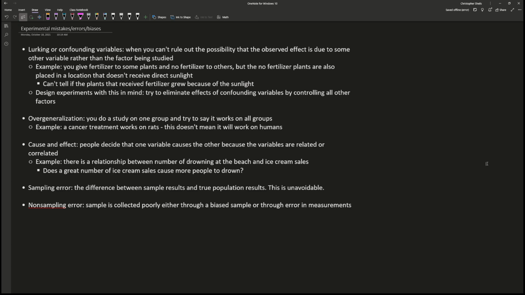Generalizations may also be an issue if a medication was only tested on a certain ethnic group or a certain age group, or maybe a medication was only tested on men or only on women. It can be difficult to just generalize and say, okay, this medication works the same for everyone, right?